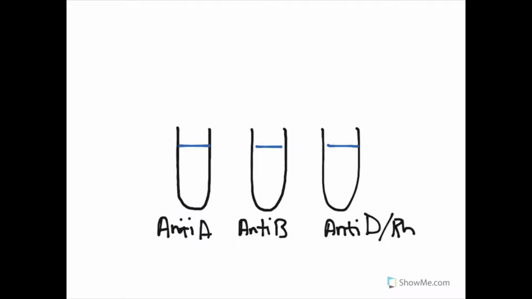We have that liquid in here, and it's got those antibodies present in this liquid. And I take a bit of your blood from your body, and let's just use an example. Let's say this blood is type A blood, and this blood gets added to each test tube.